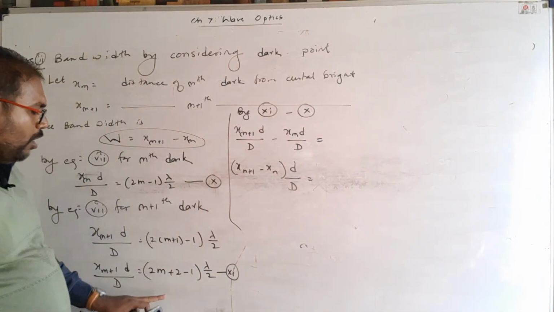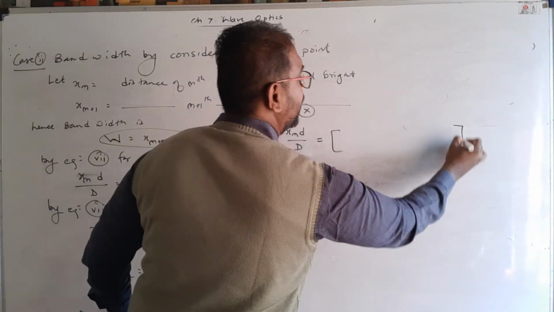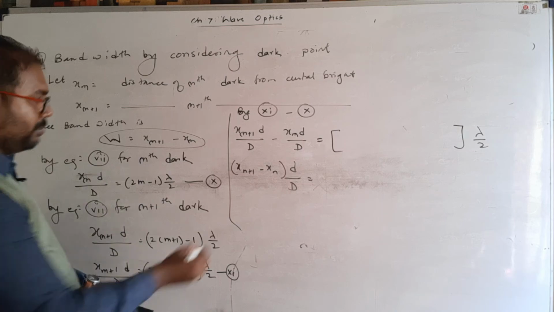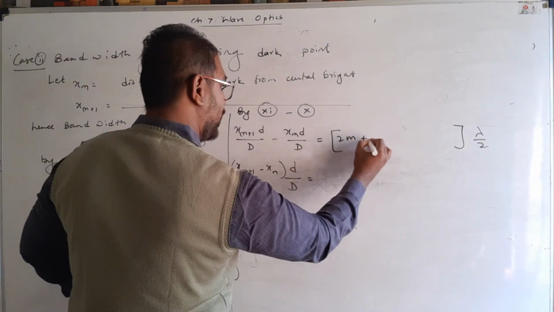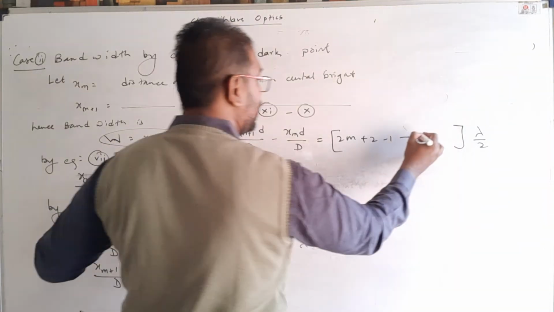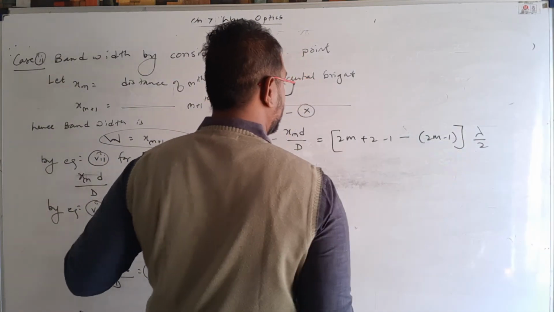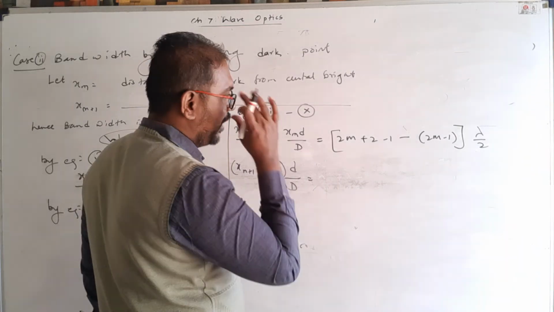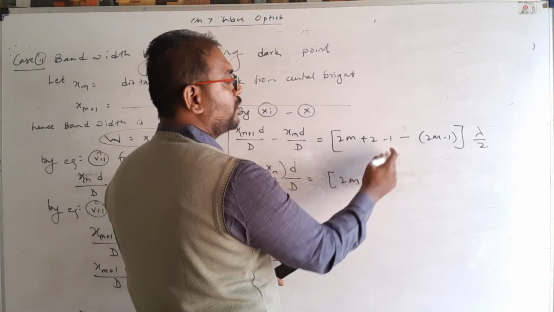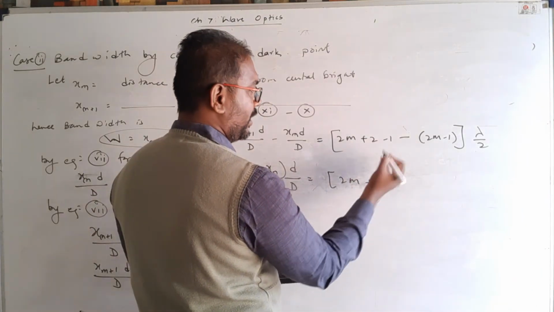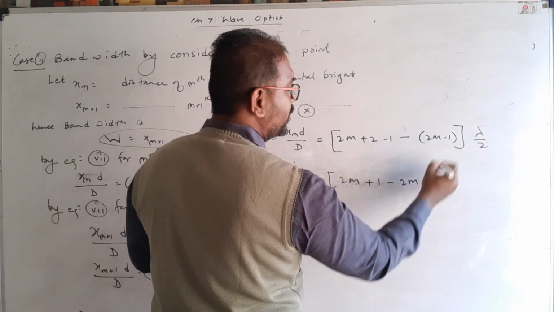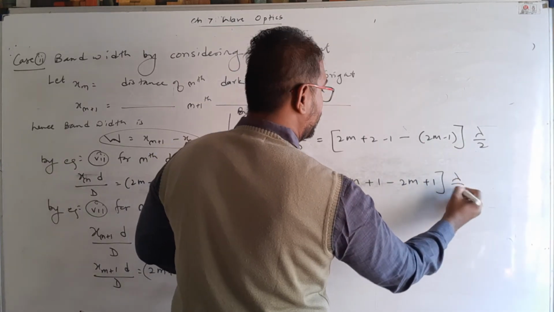Now lambda by 2 is common in both, so I can write lambda by 2 common. Then this bracket minus this bracket: 2m plus 2 minus 1 minus 2m minus 1. Here you can see we have 2m, 2 minus 1, 1, plus 1 because of this minus, and because of the minus 2m, lambda by 2.